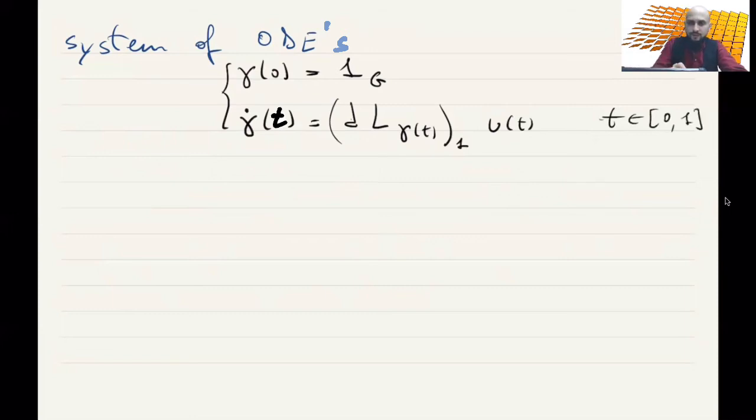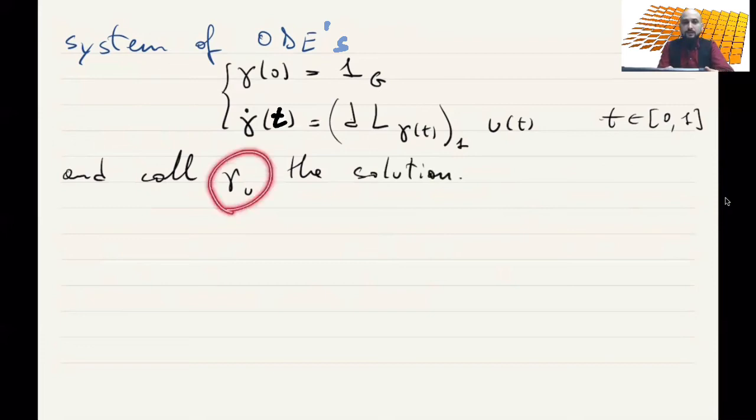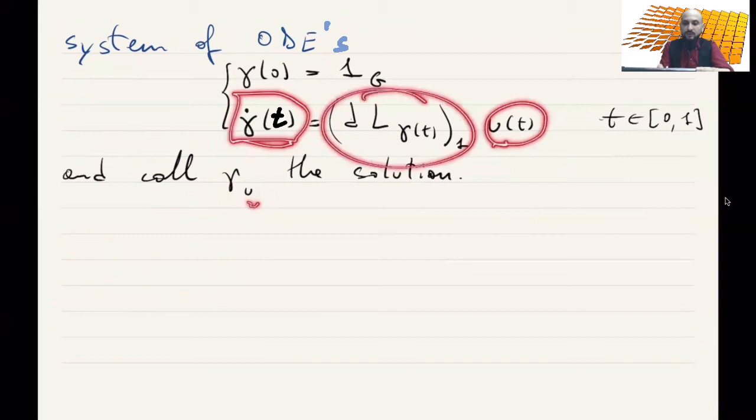Okay, one solves this system, calling gamma u the solution. Now, if we have a curve gamma whose derivative is in L2, then this derivative is exactly gamma u after left translating, brought to the origin. This is the vector u, which is in L2.